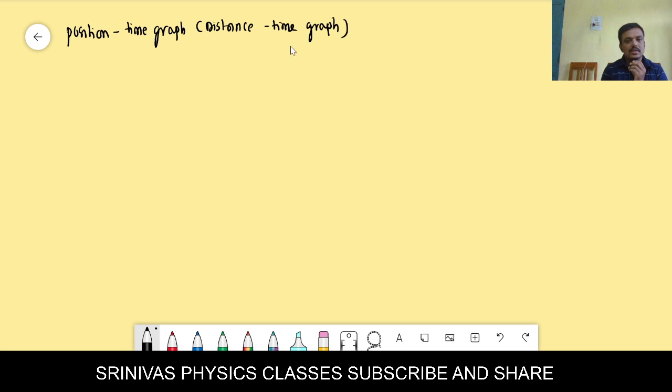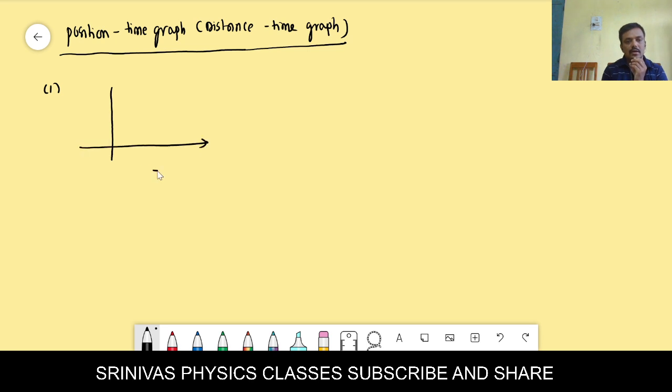Then we will discuss the graphs. We already discussed it, I am just revising. I am keeping all the things in one place. The first one is how the graph will be for a body at rest.